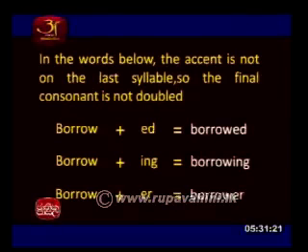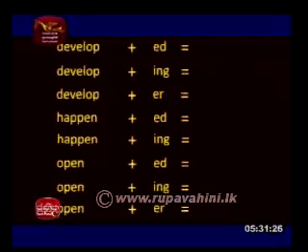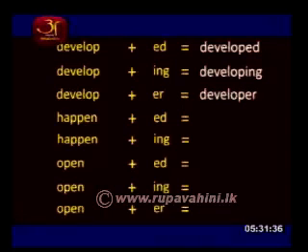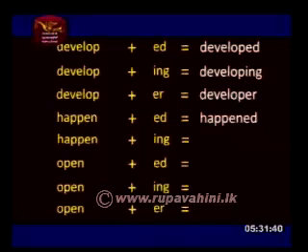So there are some more words. Can you read them? Yes. Develop plus ed, developed. Develop plus ing, developing. So no doubling there. Develop plus er, developer. Happen plus ed, happened.